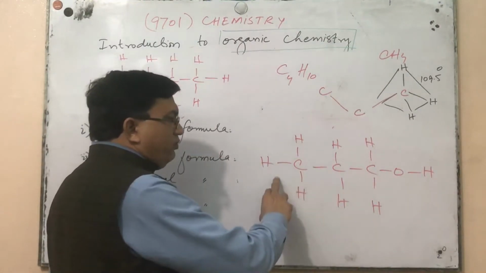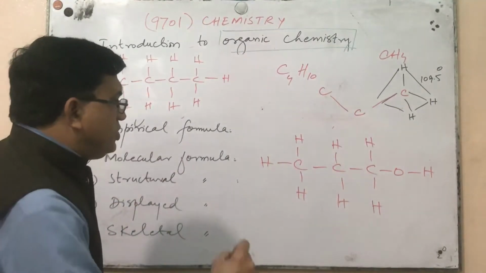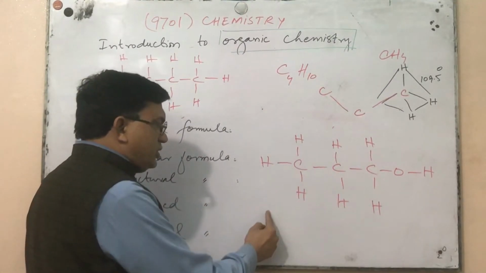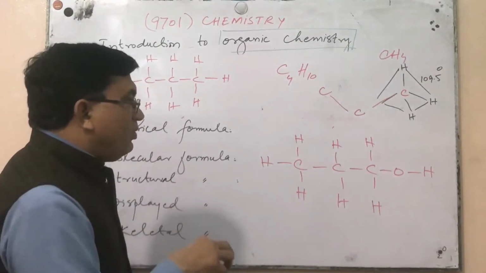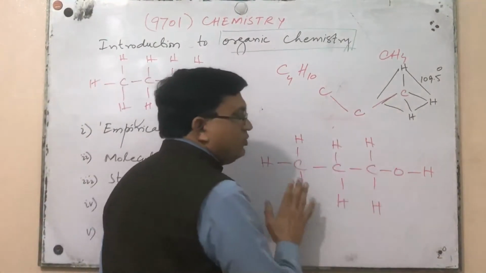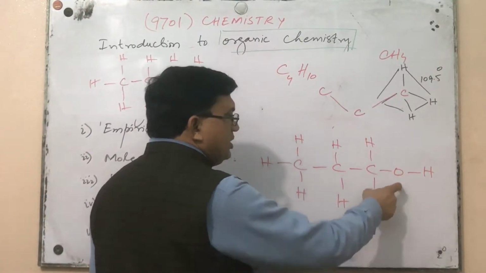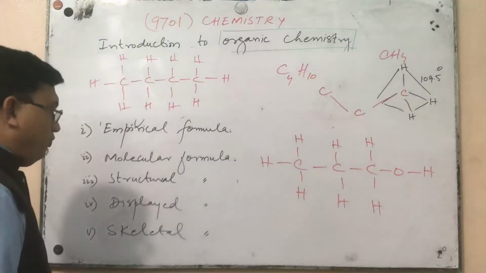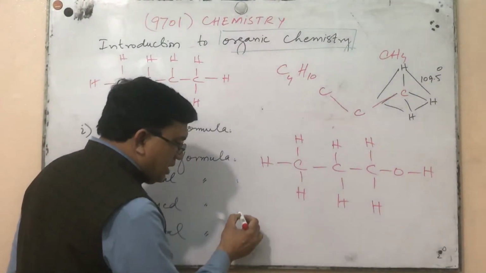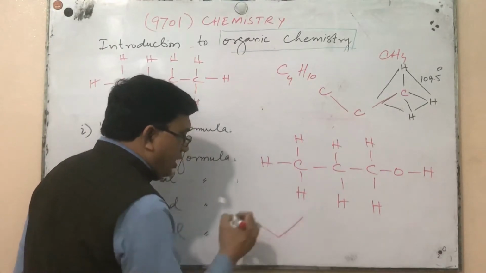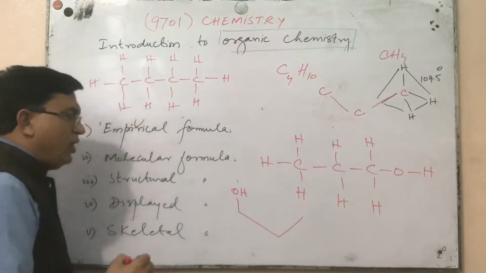But whenever we have to represent the skeletal formula, we will use only a line, and at each corner a carbon atom will be present and a hydrogen atom will not be represented. For example, if I want to write the skeletal formula of this propanol, I will represent it just like this, and on one side I will represent OH as a functional group.